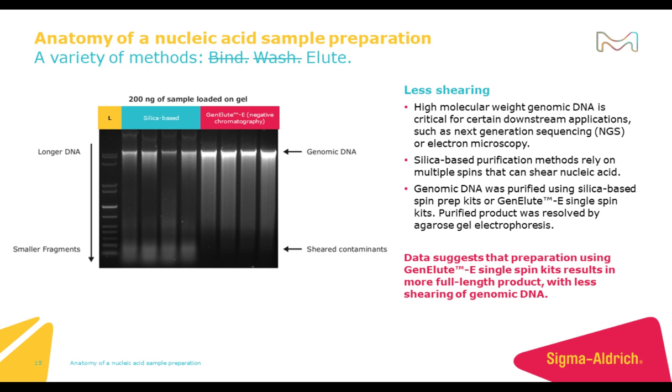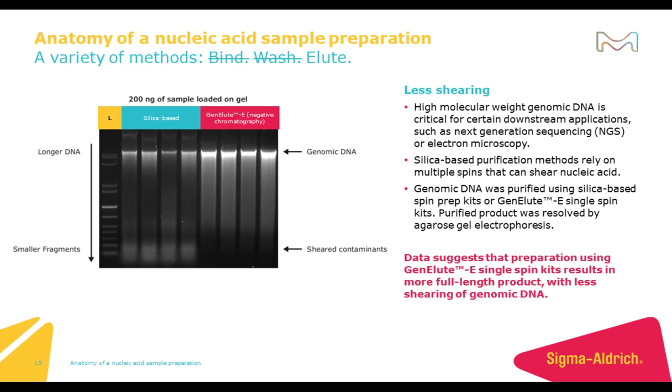Spinning the sample only once has other advantages as well. High molecular weight genomic DNA is critical for certain downstream applications, such as next-generation sequencing or electron microscopy. Silica-based purification methods rely on multiple spins that can shear the nucleic acid. Shown here is 4 replicate samples purified either using a silica column or a GenElute E column.